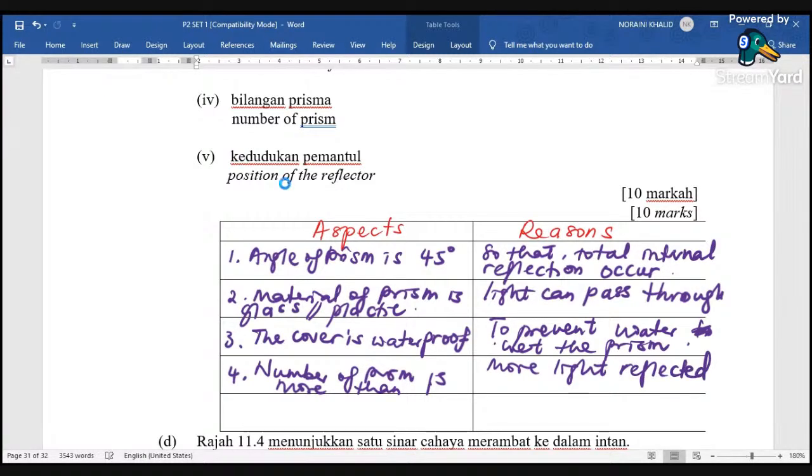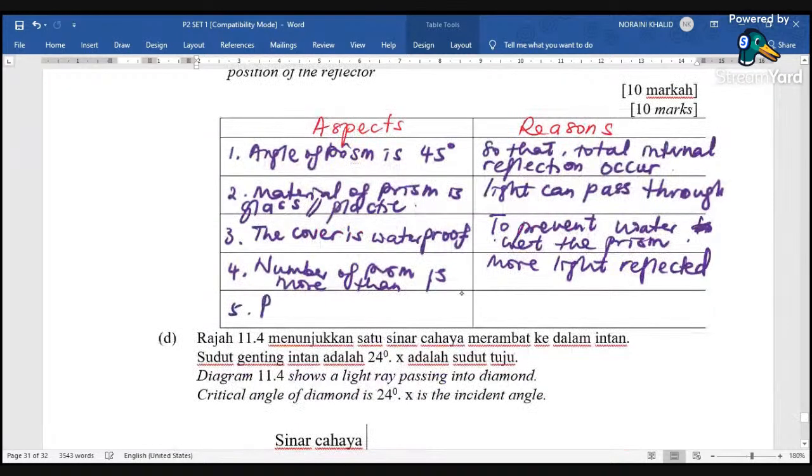Okay, and then the position of reflector is in a high place.